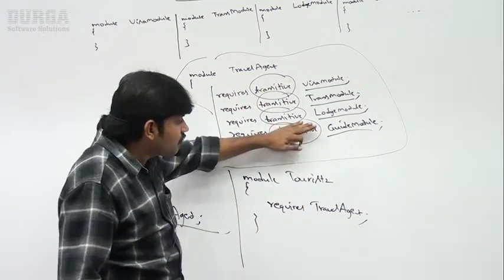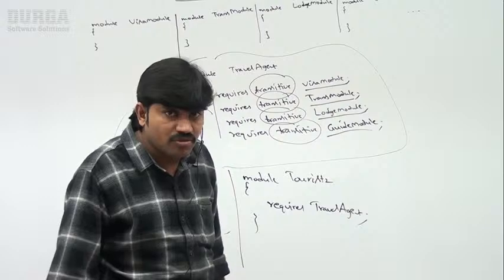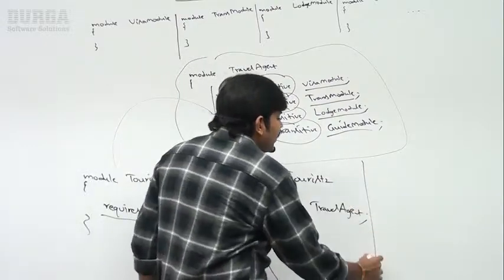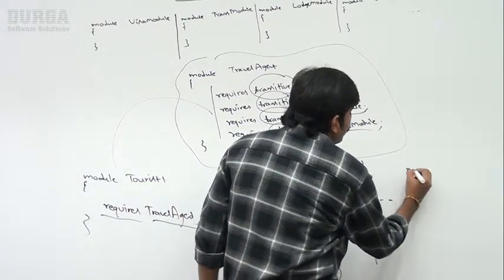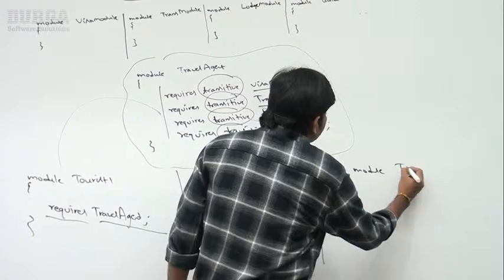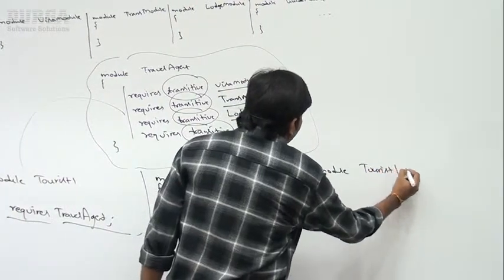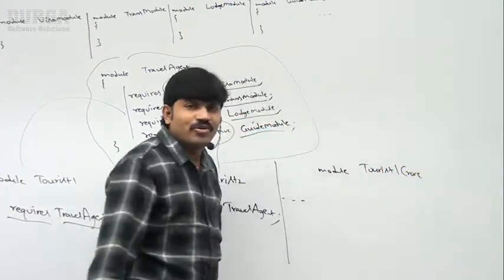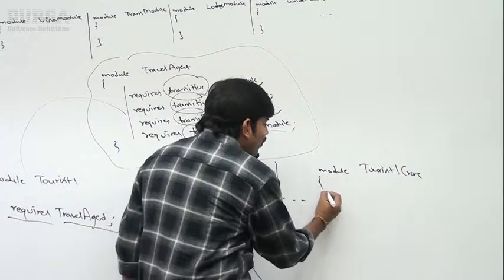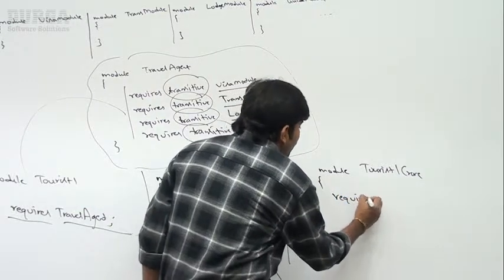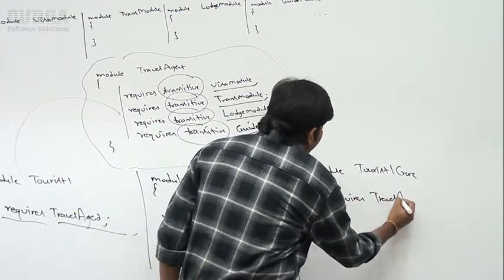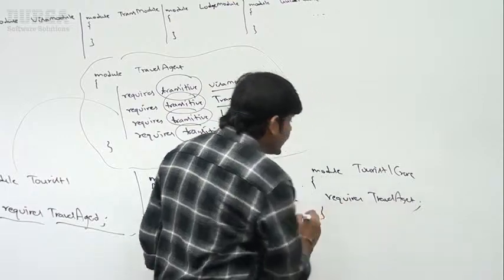Automatically, all these modules are available by default to tourist 2, or not? Yes. Similarly, module tourist 1 crore. Observe that. Now I just require to use requires travel agent. Requires what? Travel agent.